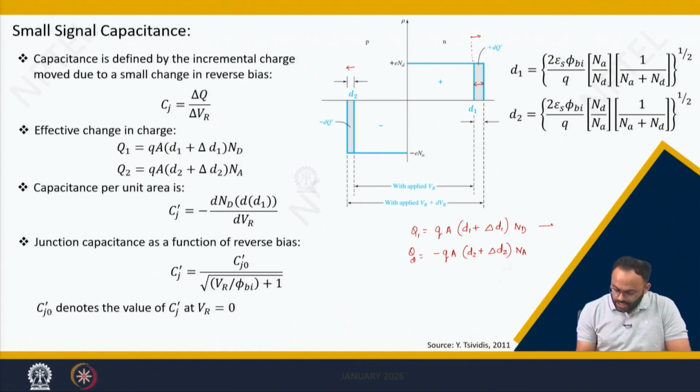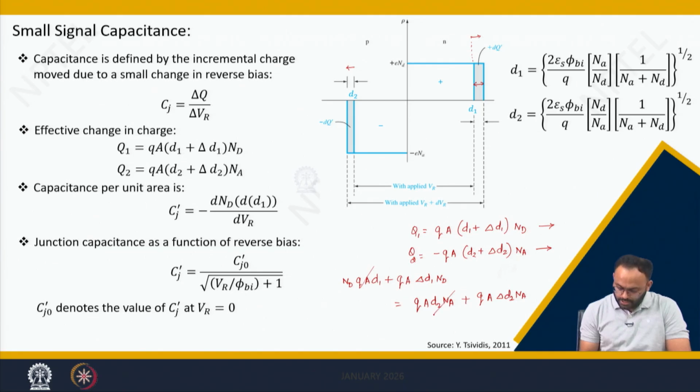Under charge neutrality, they both are equal, and hence we get q into A into d1 plus q into A into delta d1 into ND is equal to minus Q2, so q into A into d2 into NA plus q into A into delta d2 into NA.